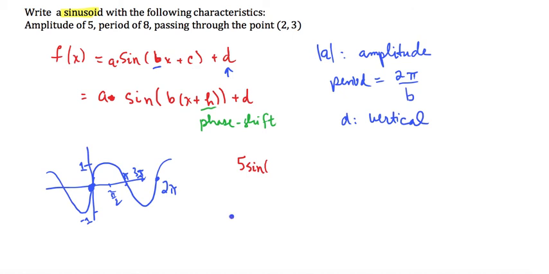So the period here is going to be 8, and that's going to be equal to 2 pi over b. So if we solve for b, we know that b is going to be 2 pi over 8, or otherwise pi over 4. So we know that we're going to have pi over 4 times quantity x.